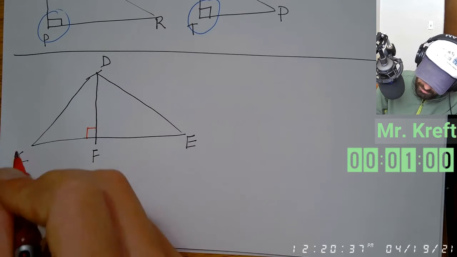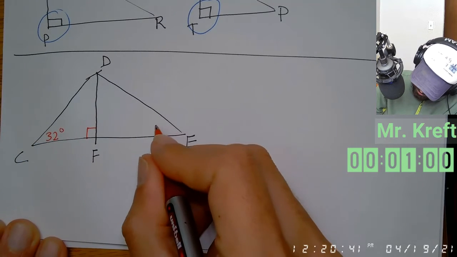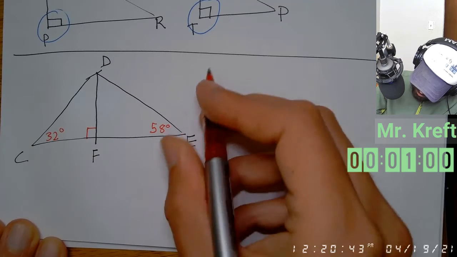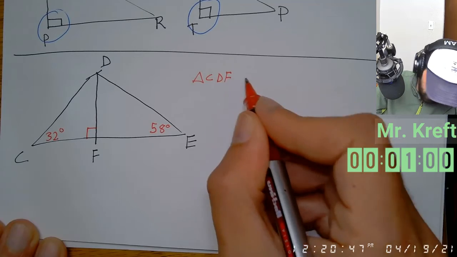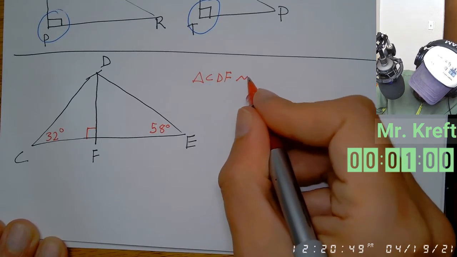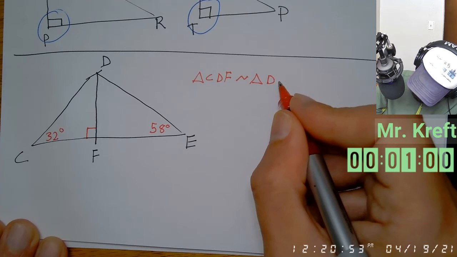So this is 90, this is 32 degrees, and this is 58 degrees. And I want to know if triangle CDF is similar to triangle DEF.